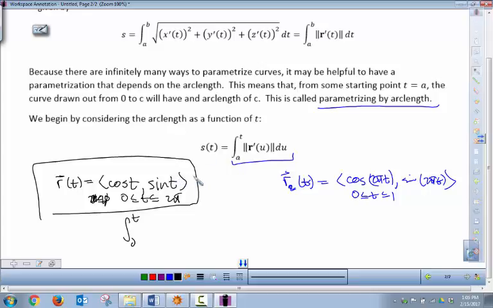Sine squared, cosine squared, so the magnitude is 1. du, if I'm looking at this formula, then this is going to measure the length of the curve by exactly what that length is. I mean, this t value over here will kind of dictate the length of the curve.